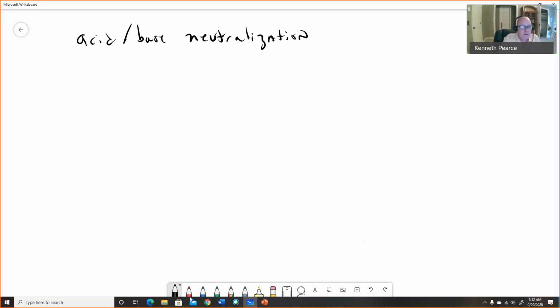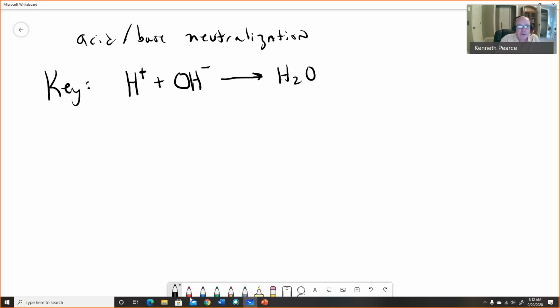Now, the key to acid-base neutralization is that H plus, which comes from the acid, reacts with OH minus, which comes from the base, to make water. And this is the key. This is also the net reaction for all acids and bases. Okay, that's the net reaction.